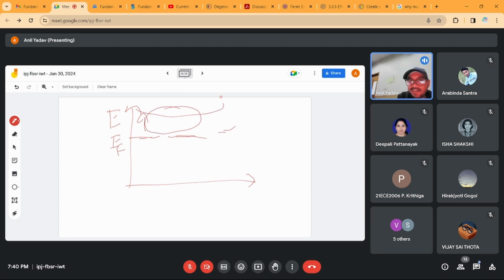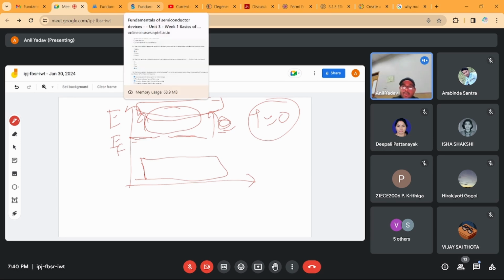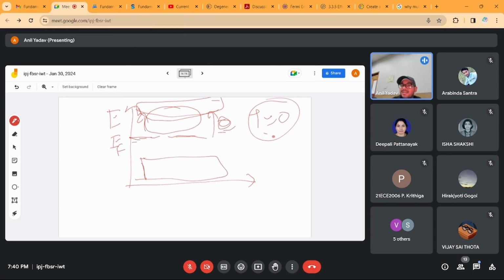So this is the conduction band and this is the valency band. So the probability of finding an electron above EF is 0 at T equal to 0. That's what we say, that there are no electrons in the conduction band at T equal to 0 Kelvin. You cannot find any electron in the conduction band. All the electrons will be filled in the valency band only.